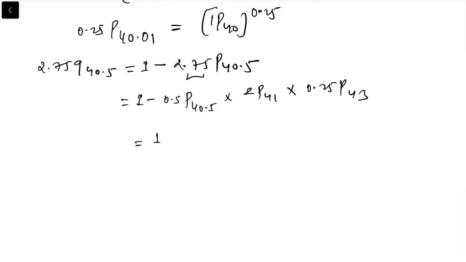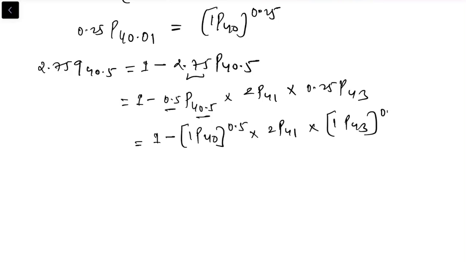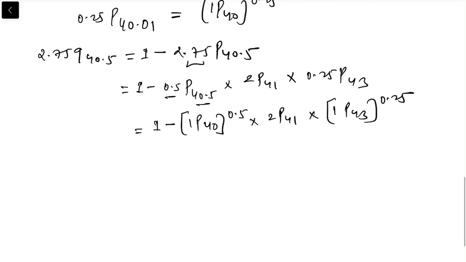And then, since the sum of x and t does not cross the integer, we can write 1 minus 1p40 to the power 0.5 times 2p41 times 1p43 to the power 0.25, and then we can solve this looking at the values from the table. So this is all about CFM.